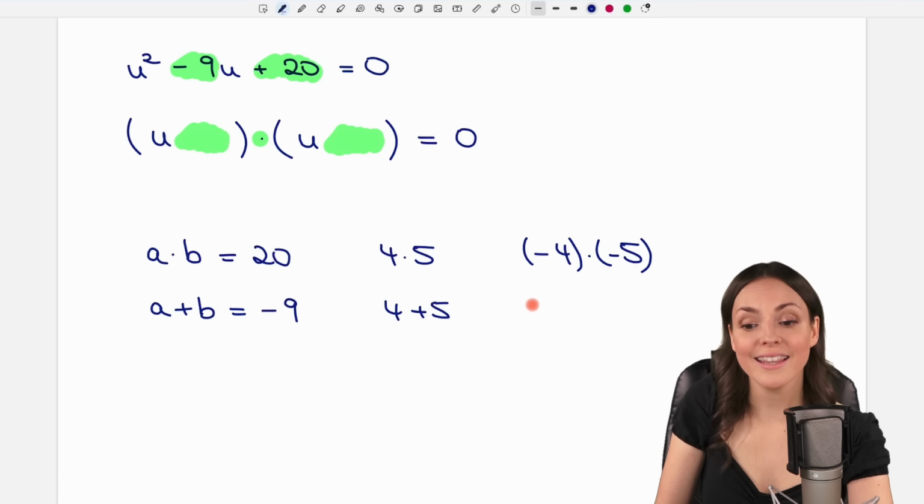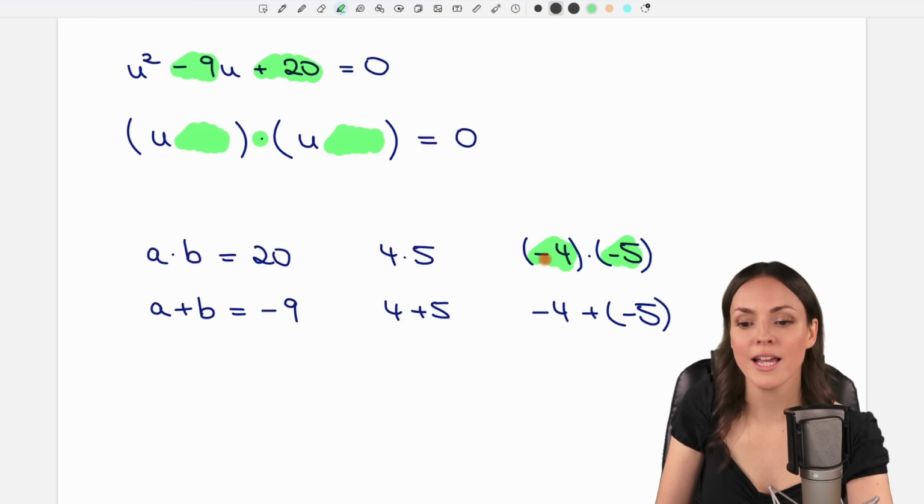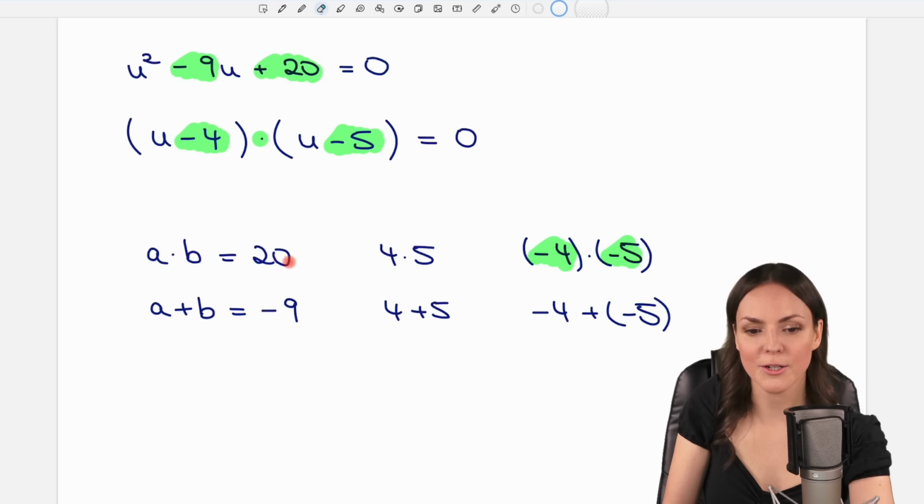But if I add these two negative numbers now, I get negative 9 as a result. So these are my numbers I was looking for. I have the negative 4 that goes in here and the negative 5 that goes in here.